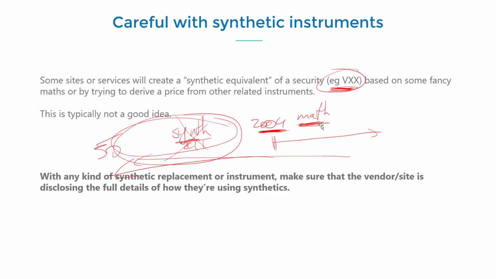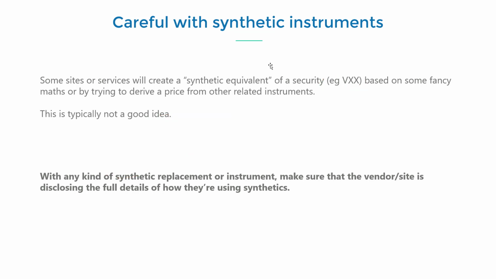They're assuming that the math will act the same way over here as real-life trading does with this instrument over here. I do not like synthetic instruments at all. I just don't trust the results, because this was not live traded at all during this period. If they use synthetic equivalents, personally, I stay away from it. It's up to you if you want to dip your toe in the water, but at the very least, be skeptical of the results you see during that backtest period.